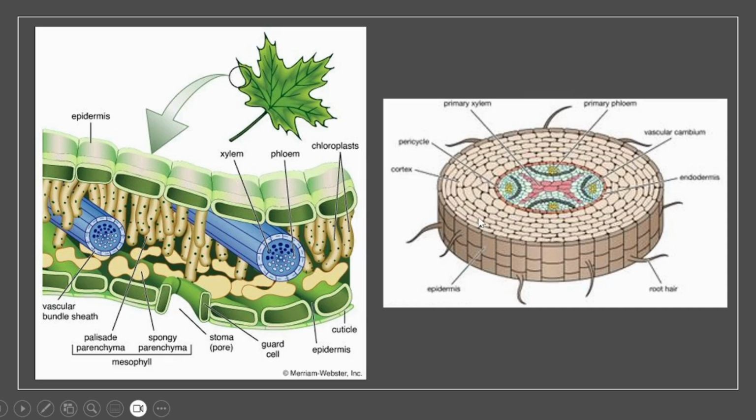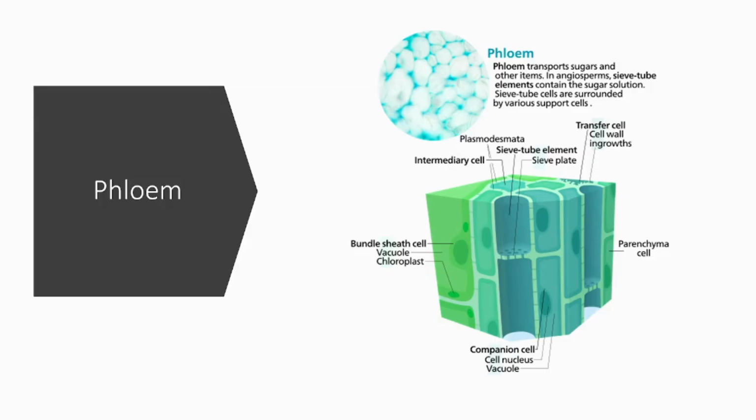Through those pipe-like tissues, the food will be transported to every part of the plant. I hope that is clear. To understand it better, I've just taken only the picture of phloem to show you how phloem looks. You can see that these are similar to xylem in that they are also tubular structures for transport, right? In detail, like I said, we'll be learning later.